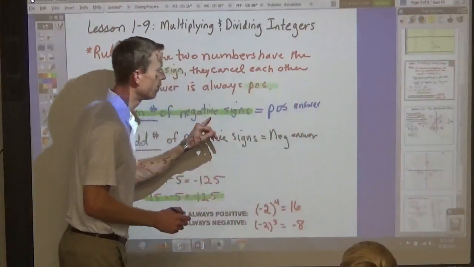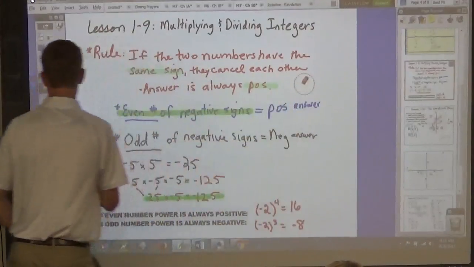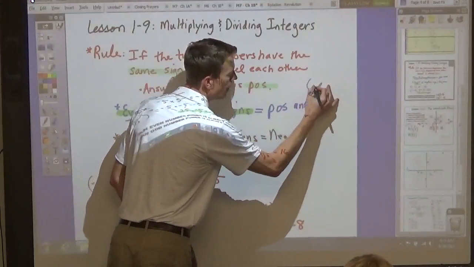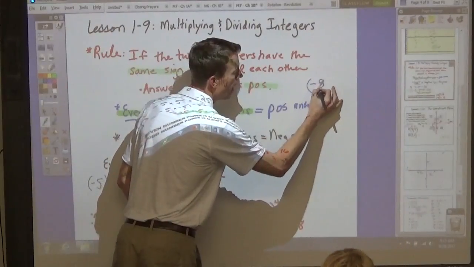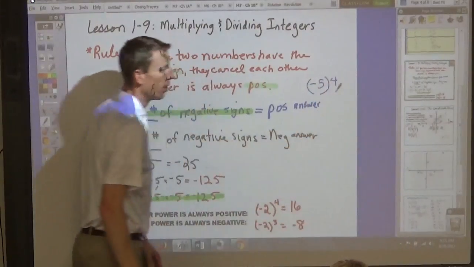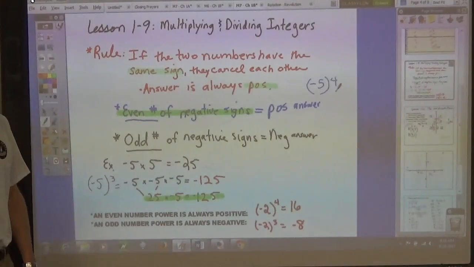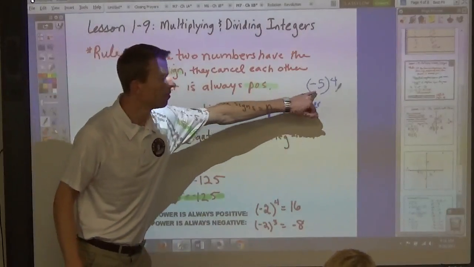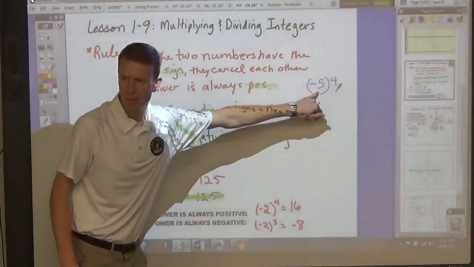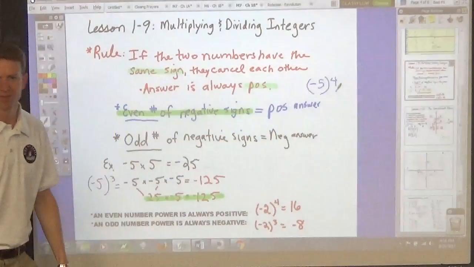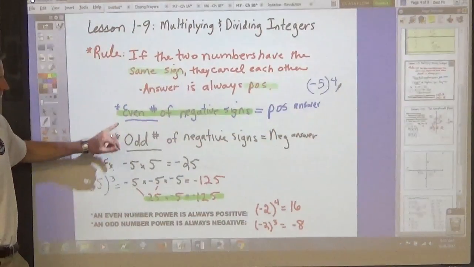So if you have, we've learned about powers before. If you have negative 5 to the 4th power, okay? Negative 5 to the 4th power. Would that be a negative or positive answer? No, it's not negative.